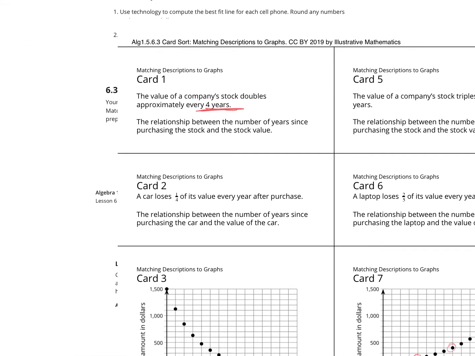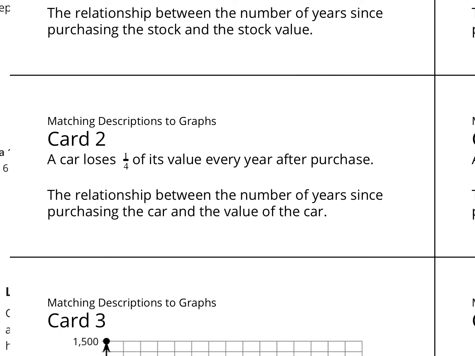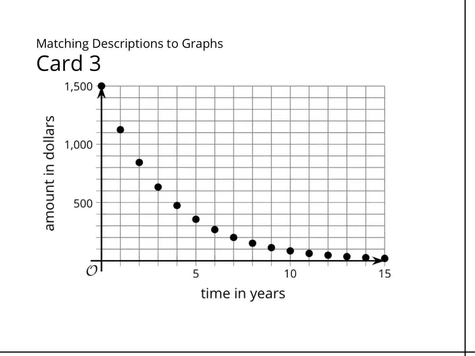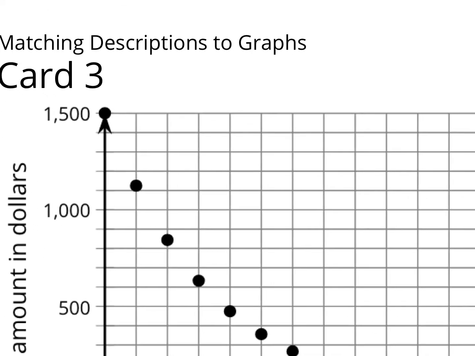Let's look at card 2. So card 2 says a card loses a quarter of its value every year after its purchase. So if it loses 1/4 of a value, the value that remains, the growth factor, is going to be 3/4. So let's see if we can figure out which of these graphs go with 3/4. If my initial value here is 1,500, if I take 3/4 of that, I would get 1,125.